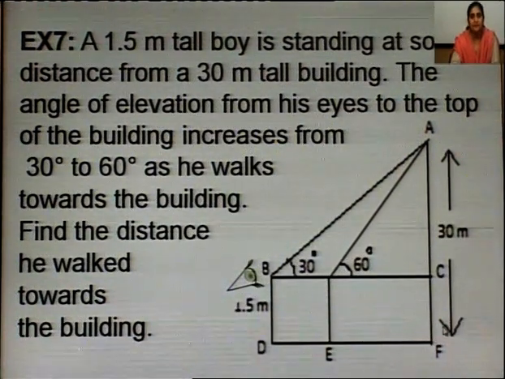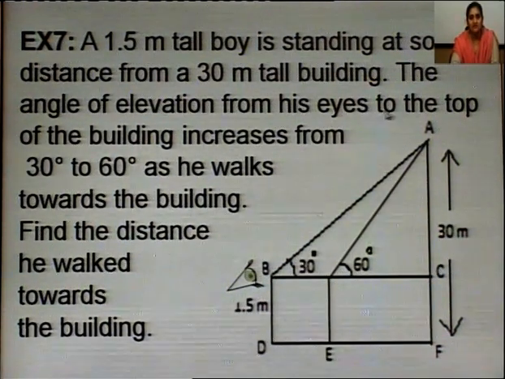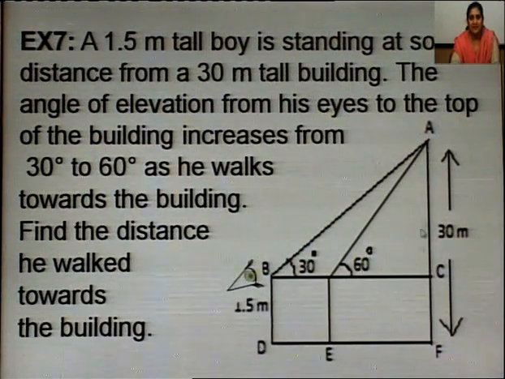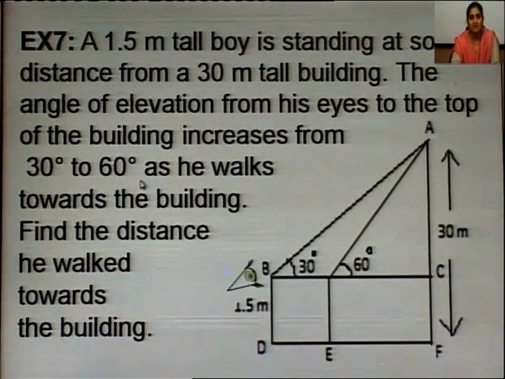The angle of elevation from his eye, which is at B, to the top of the building, which is at A, is 30 degrees.